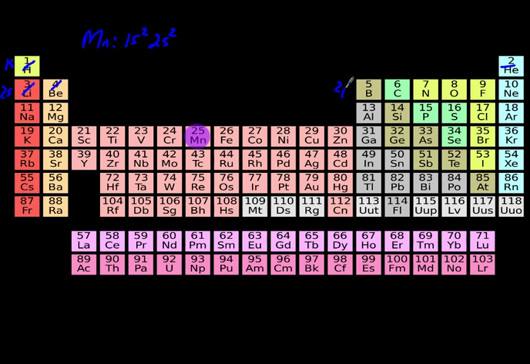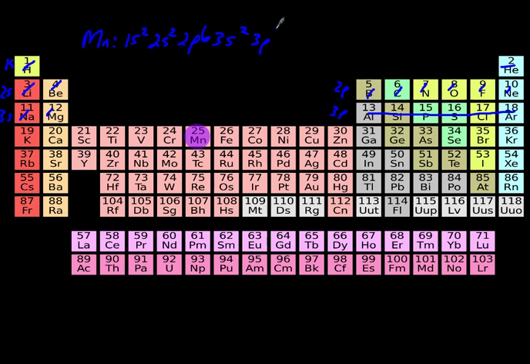Now this is 2p in here. 2p6. Then we end up back over here. 3s2, now we're in 3p, and it goes through all of them.